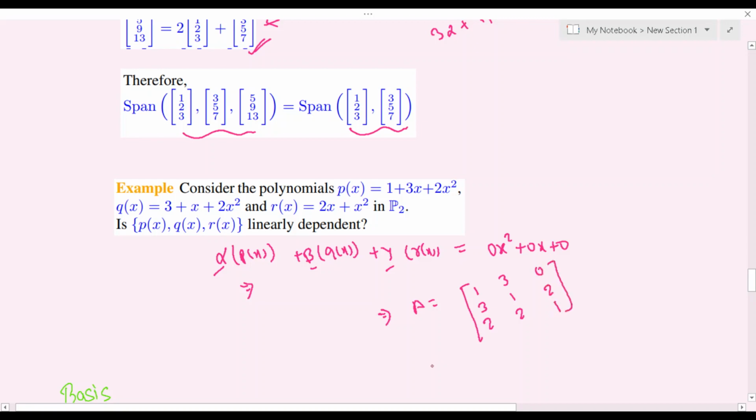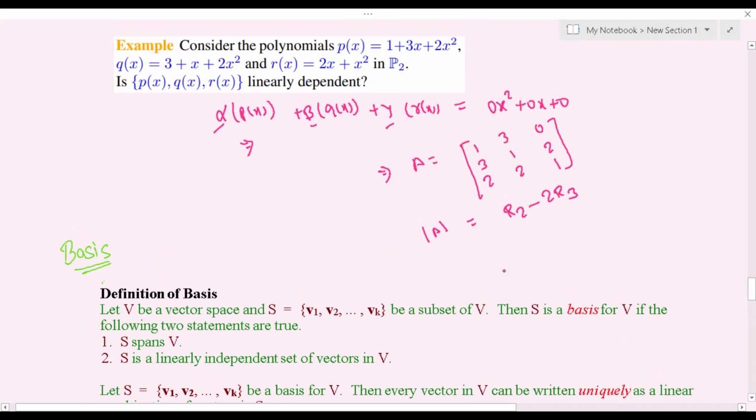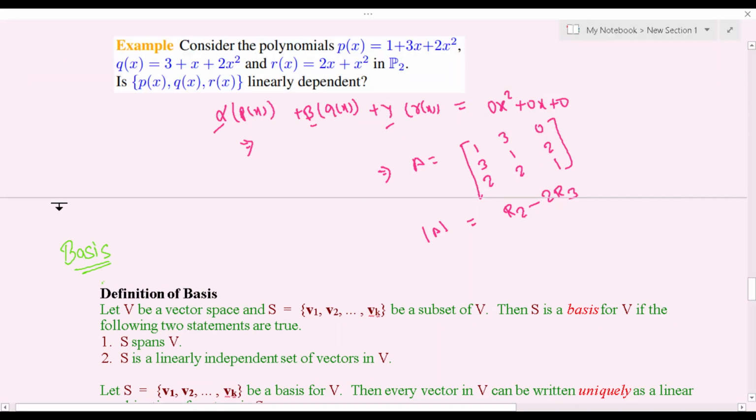Then we compute the determinant of this matrix A. To compute this, we perform the operation R2 minus 2 times row 3.